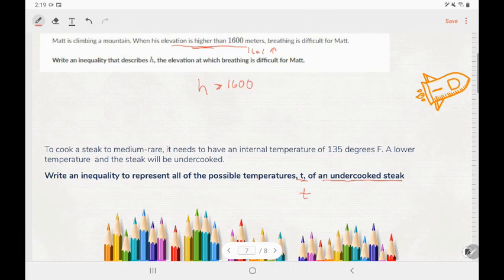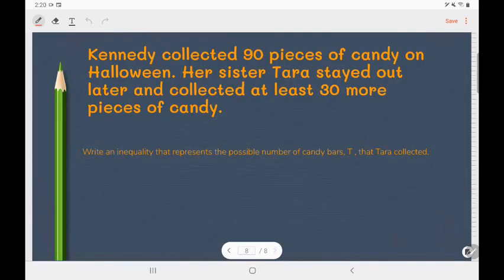So if it's undercooked, do we want it to be higher than 135 or lower? Well, it says a lower temperature and it will be undercooked. So T needs to be less than, okay, if it's 135, we're good, so we're not going to put the or equal to 135.